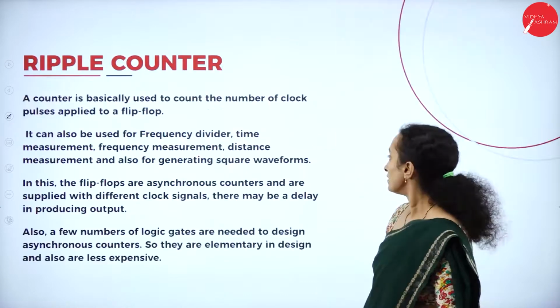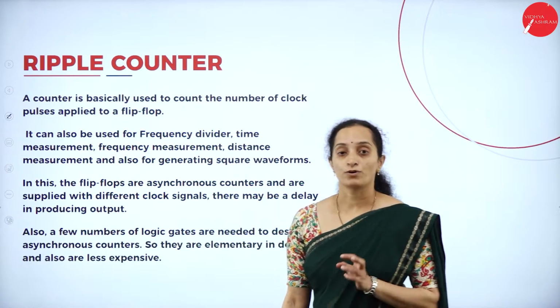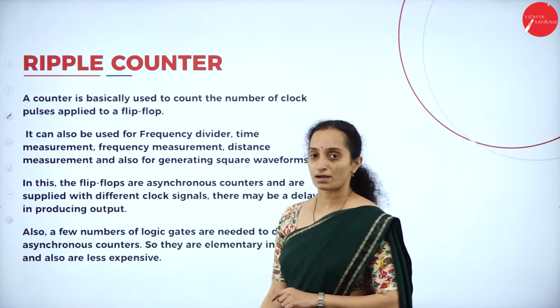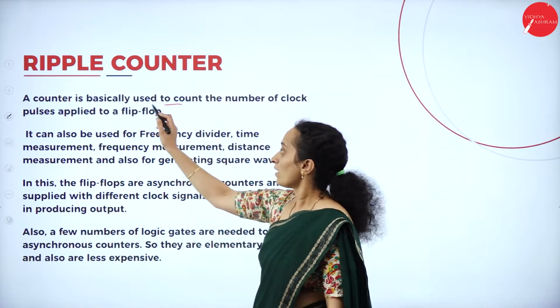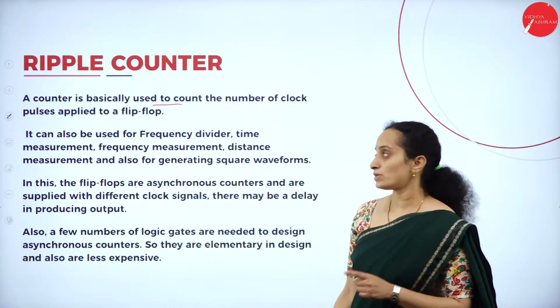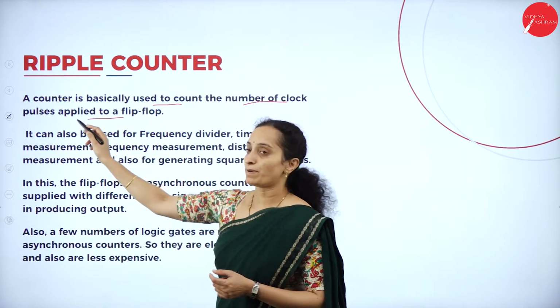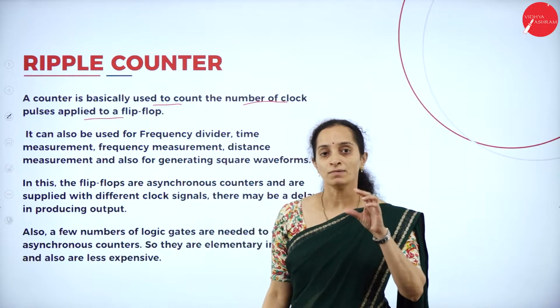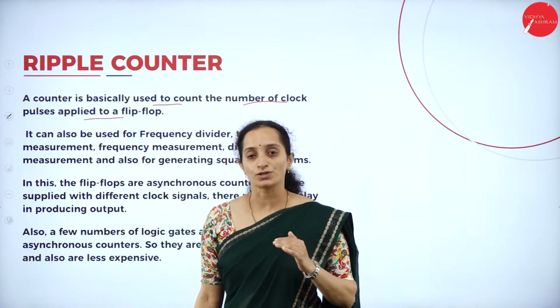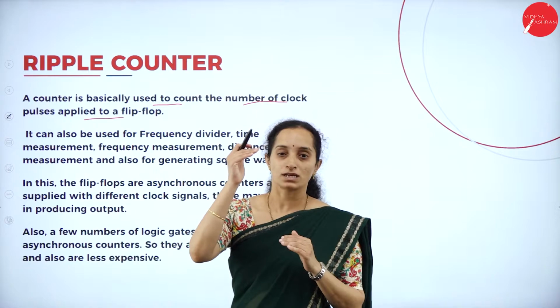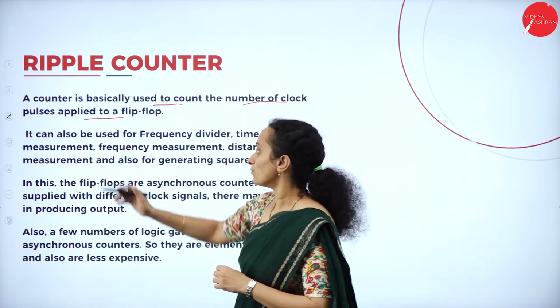Let's look at one of the counters, that is the ripple counter. A counter is usually used to count the number of clock pulses, how many times the electric pulse goes to the off state and on state. So that will be counted.